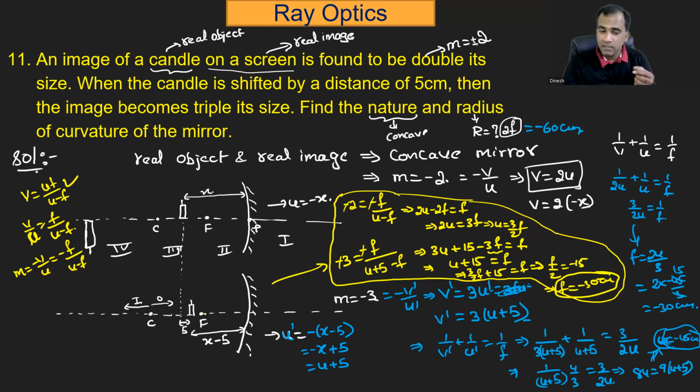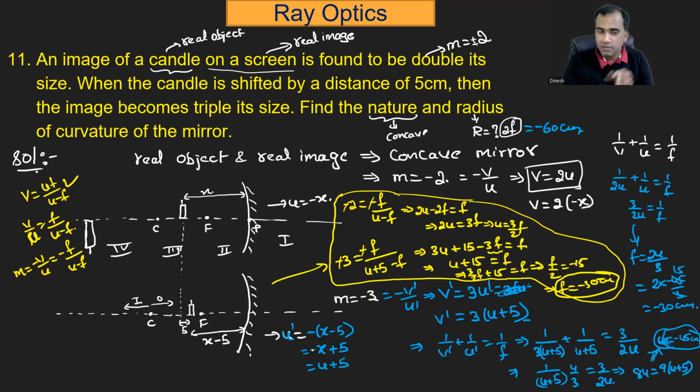When you are measuring negatively, this distance is increasing negatively. So this distance is minus x. This is minus of x minus 5. So you may think that it is U minus 5, but actually it's not U minus 5, it's U plus 5 because of the negative sign that is there in U.